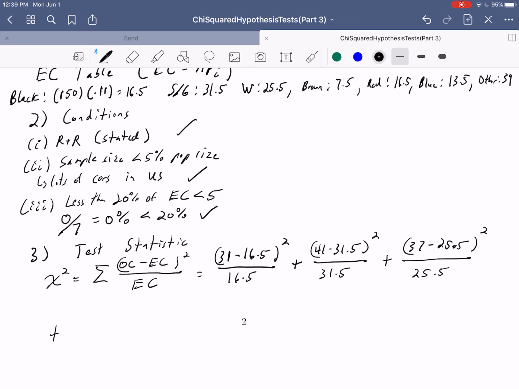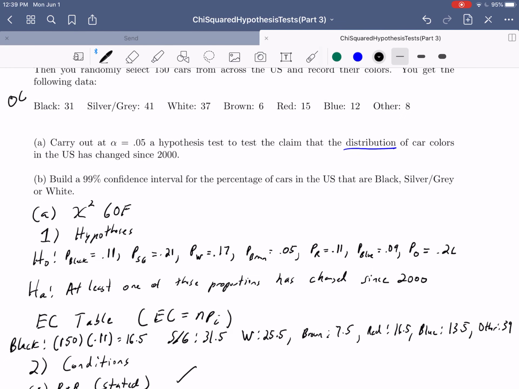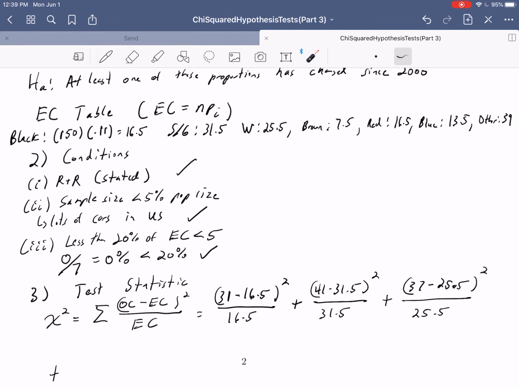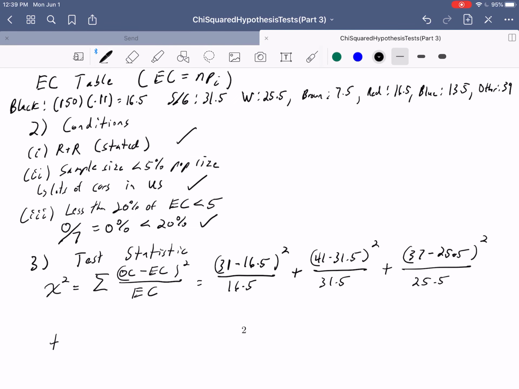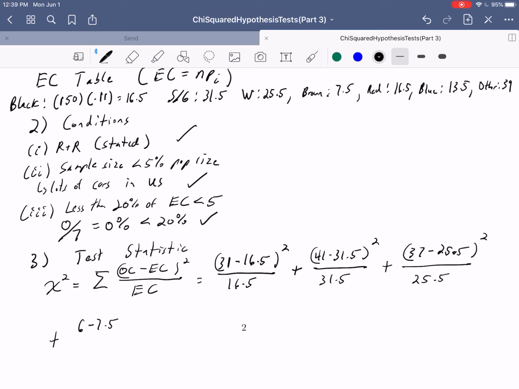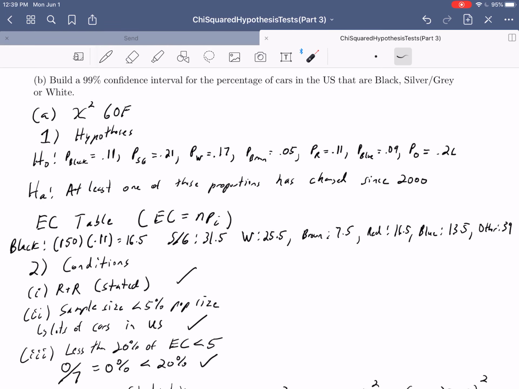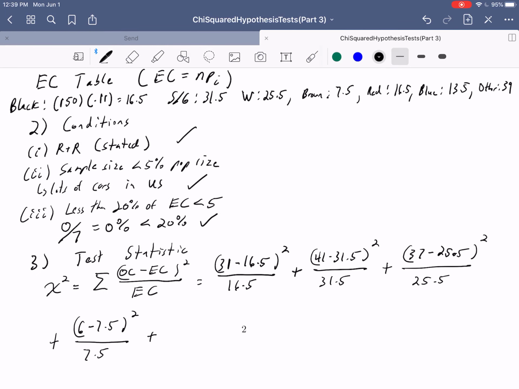Then plus, the next one is that we observed 6 brown cars versus an expectation of 7.5. So that would be 6 minus 7.5 squared over 7.5. Plus, then we observed 15 red versus an expectation of 16.5. So 15 minus 16.5 squared over 16.5.